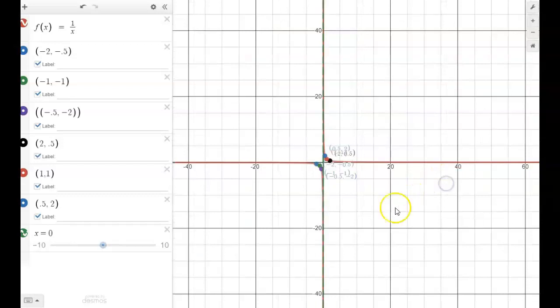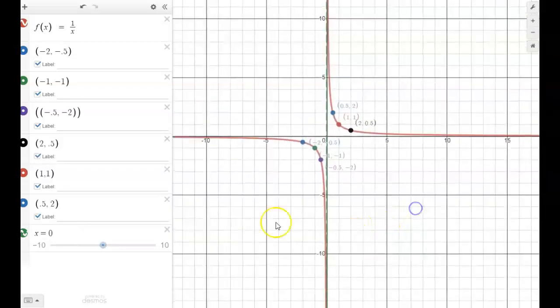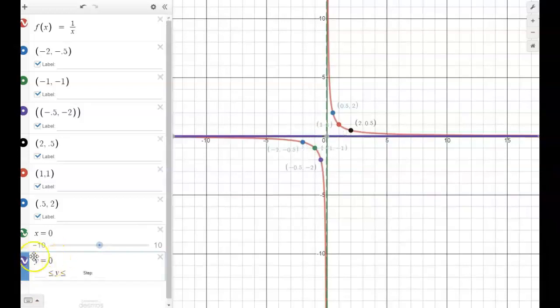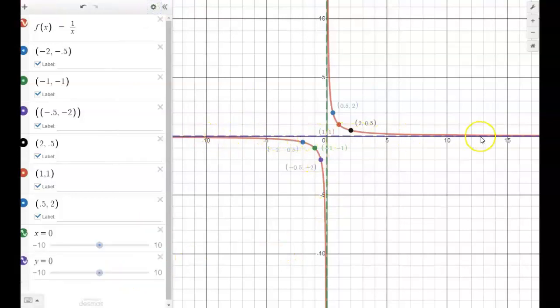So in the same way, we also have a horizontal asymptote. And I will put one of those on there at y equals 0. Same thing happens on the other side of the graph as well. We'll represent that with a dotted line as well. So the purple dotted line there represents my horizontal asymptote, and my green dotted line represents my vertical asymptote.